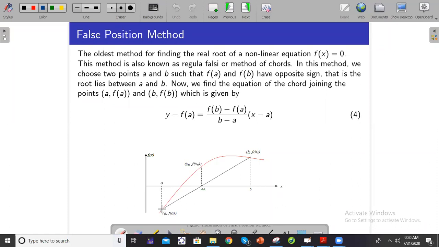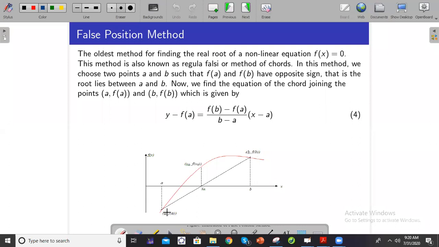We have the chord. See everyone, chord AB. You see this chord. This point is A, f of A, the coordinate of this. This is B, f of B. This coordinate is B, f of B.